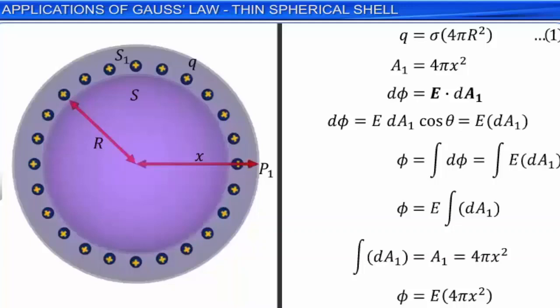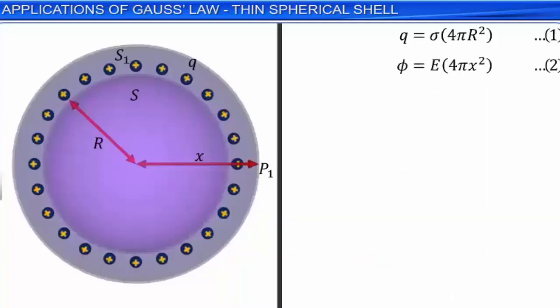Let this be equation 2. We know that according to Gauss' law, the total electric flux passing through the Gaussian surface S1 must be equal to Qin by epsilon naught, where Qin is the charge inside the surface. Let this be equation 3.